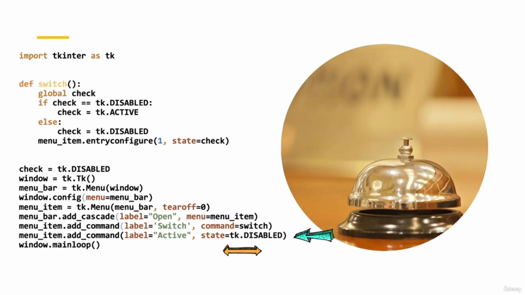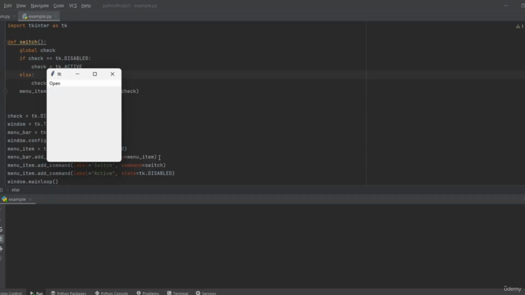When we run our code and press on the open menu bar, we can see our active menu item in gray color, as we have set its state to disabled initially.